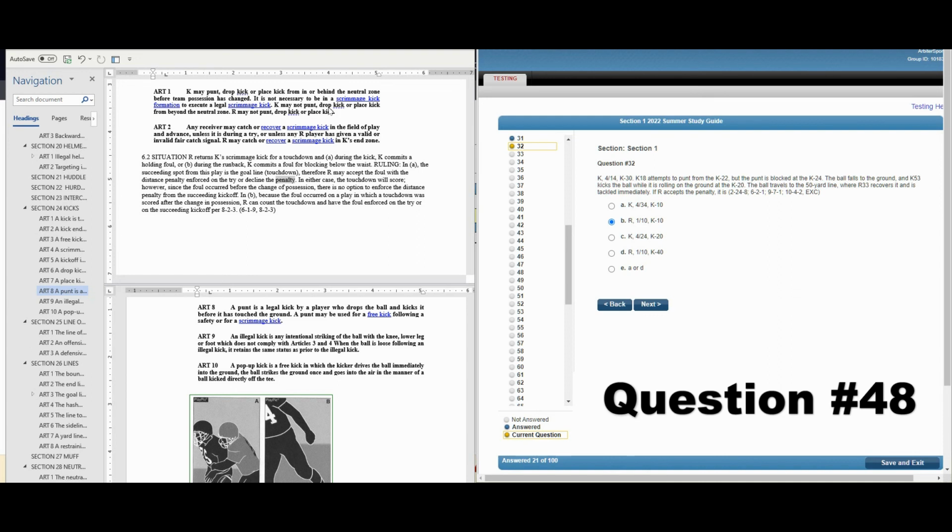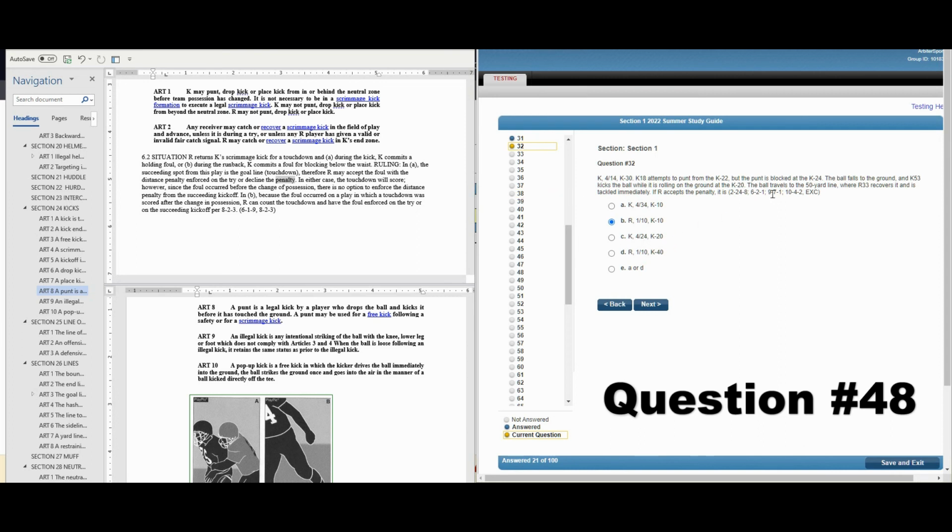And it says, of course, K can't punt past the neutral zone. And then R may not punt, drop kick, or place kick. So what they're saying there is, if the receiving team catches the ball and then kicks it back the other way, that's a foul. That'd be illegal kicking.